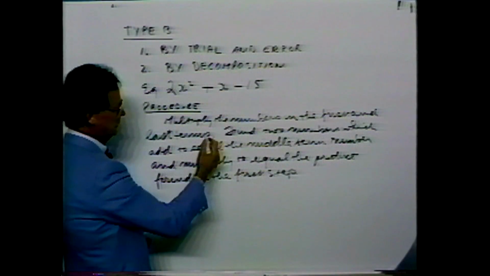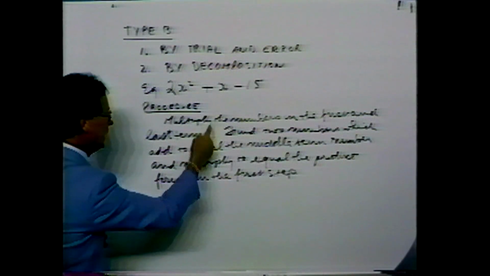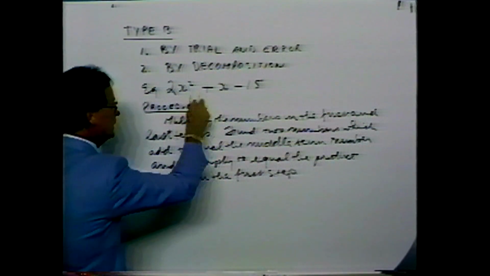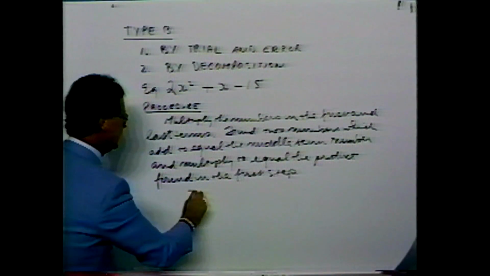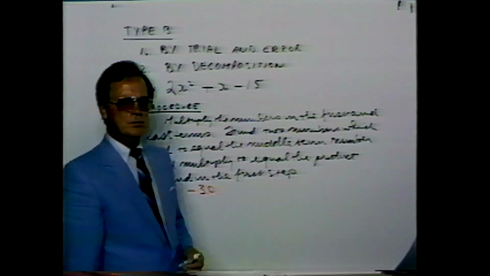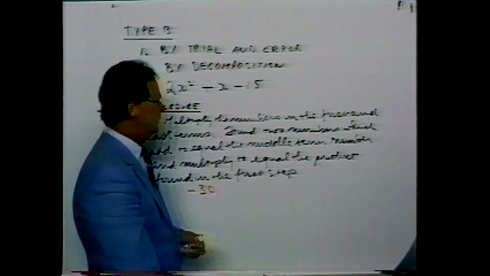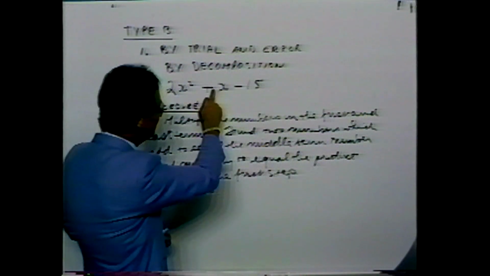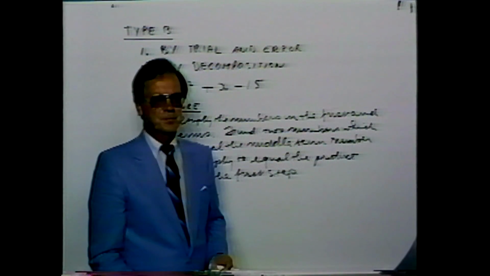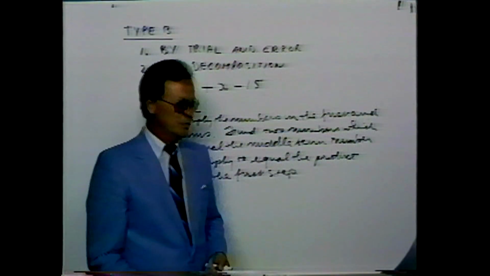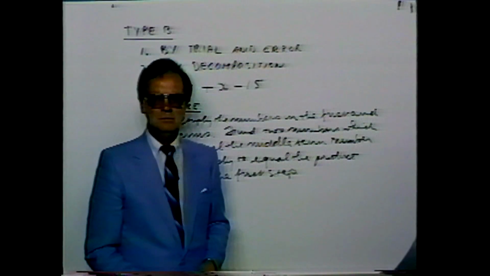Think about it. In the question, multiplying the first and the last number is equal to minus 30. Can you think of two numbers that will multiply to give negative 30 and that will add to give the number in the middle, which is plus 1? There's a limited number of numbers which multiply to give minus 30: 5 times 6, 30 times 1, 15 times 2.